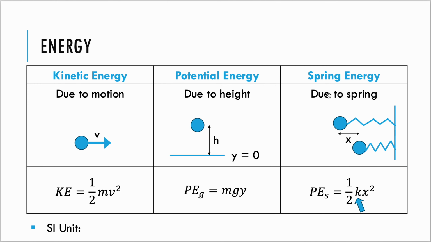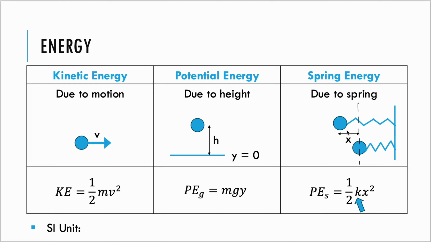And then we have spring energy, which is due to a spring. Whenever a spring is stretched or compressed, it's going to have spring energy. In this picture, we can see that this line right here is the relaxed position of the spring. So the top spring here is stretched by an amount x.